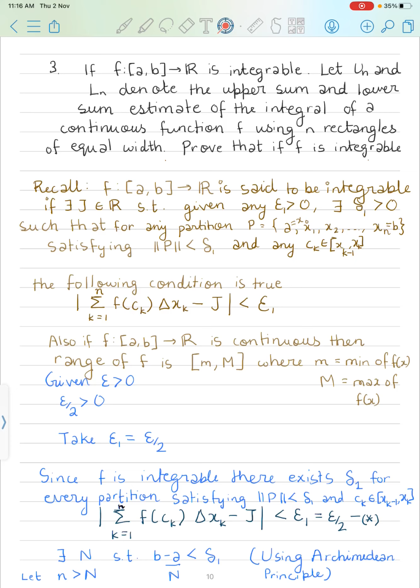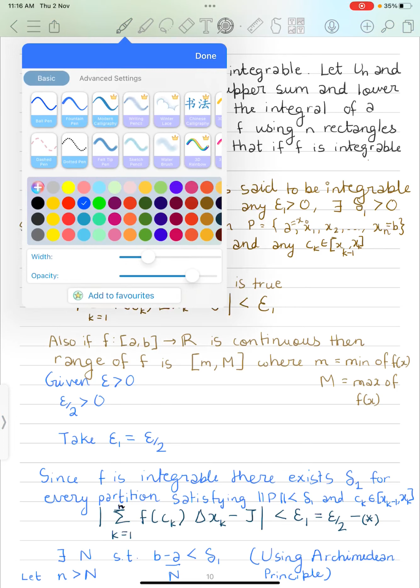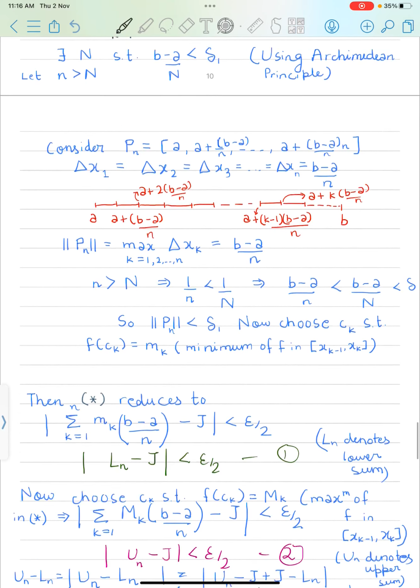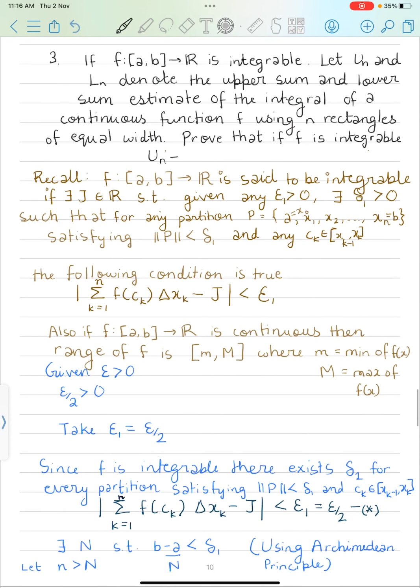So we have to prove that if f is integrable, then, I think I have not written the full question, this is what we have to prove: Un minus Ln is less than epsilon.